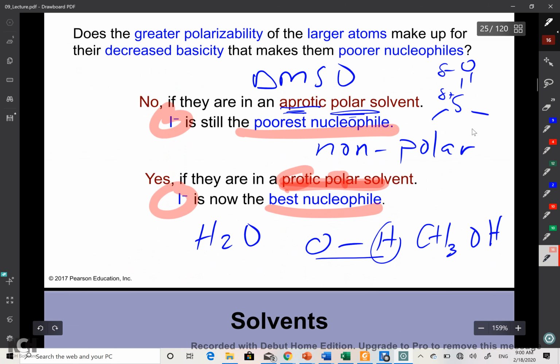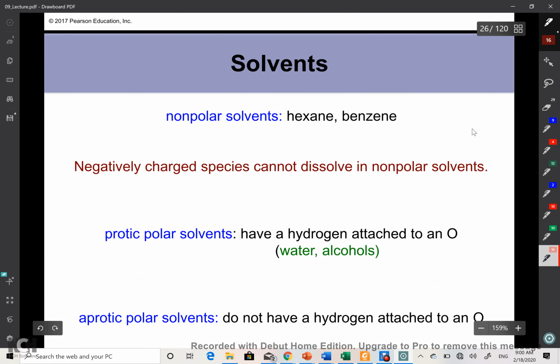If we go to a polar protic solvent, that polar protic solvent cannot shield iodine very well, and so will give room for iodine to react. But that polar protic solvent will shield the fluoride very well, and so will cause the fluoride not to react. That's what we call the solvent effect.